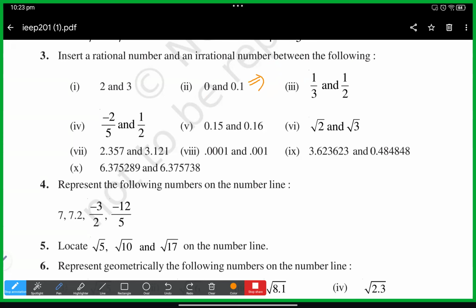Yes, that is correct. So for irrational we'll write it as 0.0100100001, like that continuously, so some set of digits will not recur. Okay, sir.